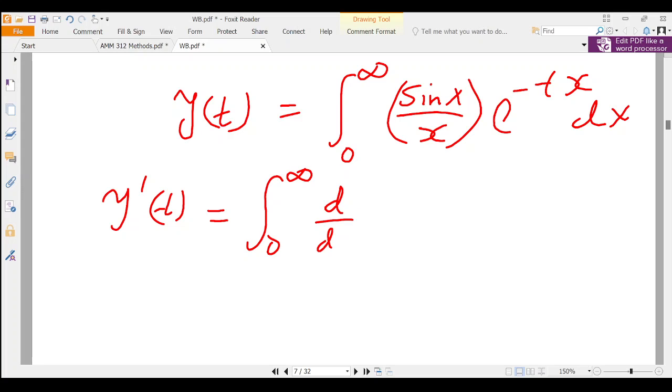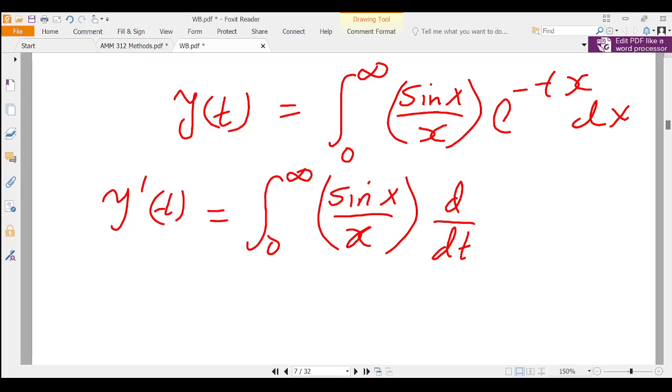Because we are differentiating with respect to t, I'm going to write the sine of x divided by x first. Then the derivative with respect to t of e raised to power negative tx. And this should be the partial derivative to show that we are only considering t to be the variable in that case.